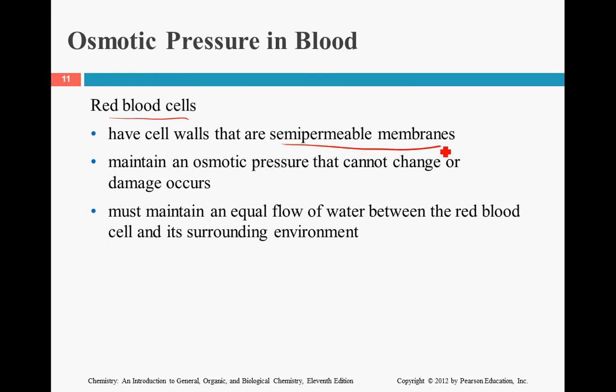Remember the semi-permeable membranes. Permeable means that it can break through. Semi means it can break through a little bit. Some particles can go through and some cannot. Meaning actually water specifically, because we need to make sure that those pressures are the same.